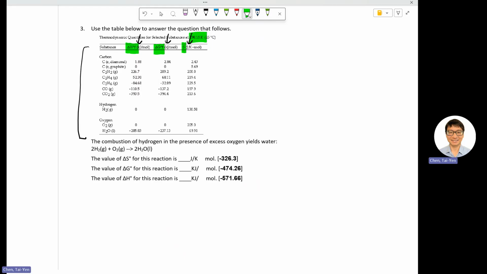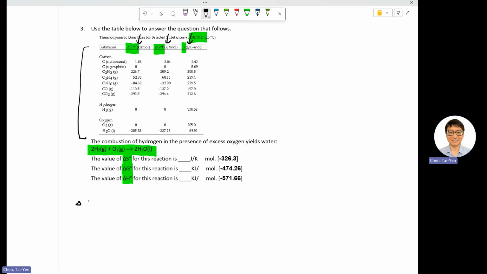So for the combustion of hydrogen in these specific reactions, they want to calculate the delta S naught, delta G naught, and delta H naught for this reaction. The way you do this is very simple, right?